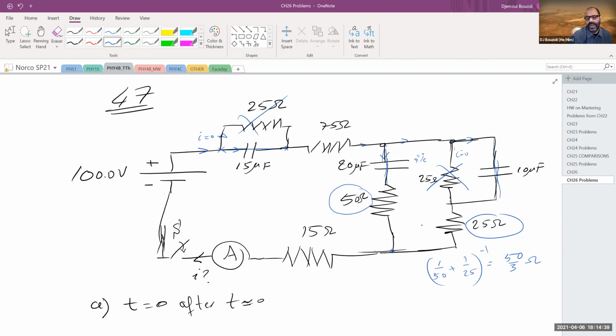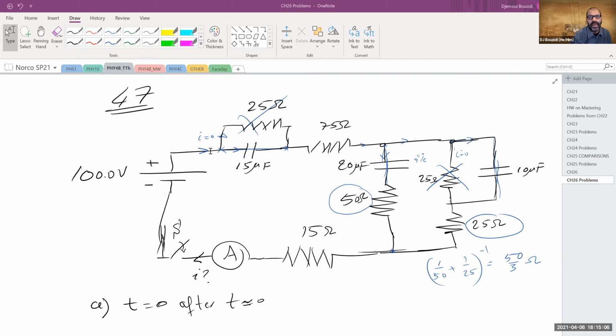How much is 50 over 3? It's slightly less than 17. 16.67. 16 and 2/3 of an ohm. So this is basically 50 over 3 ohms.